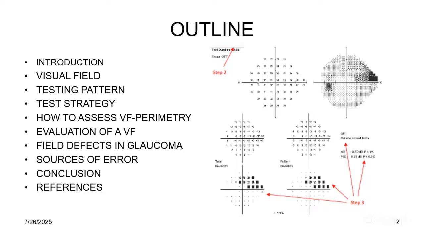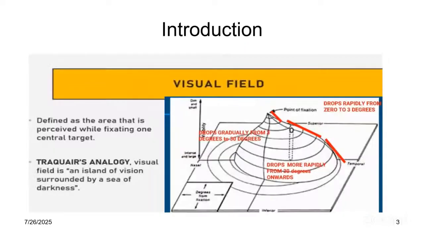So visual field, as we all know, is said to be an island of vision, which is surrounded by a sea of darkness. Looking at a particular point in time, it is how far the eye can see even without turning your head to that particular point.